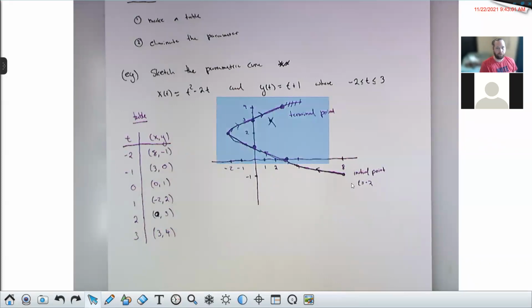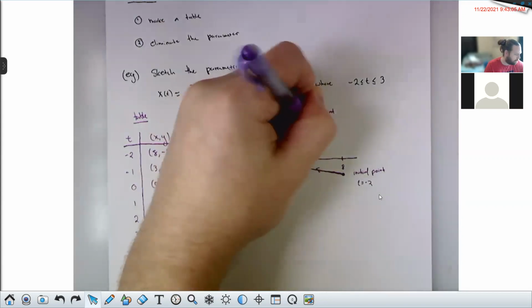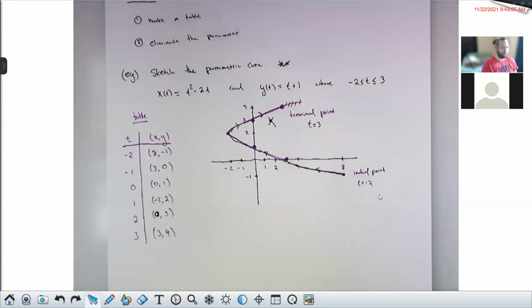And if I want to know what curve this is, the other approach we could take here is to eliminate the parameter.